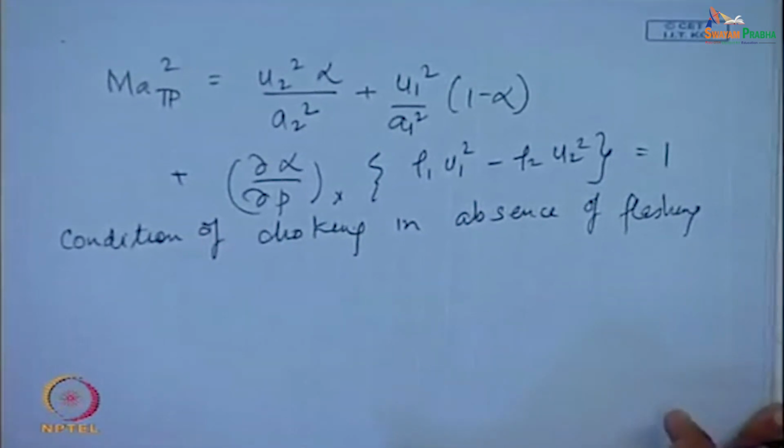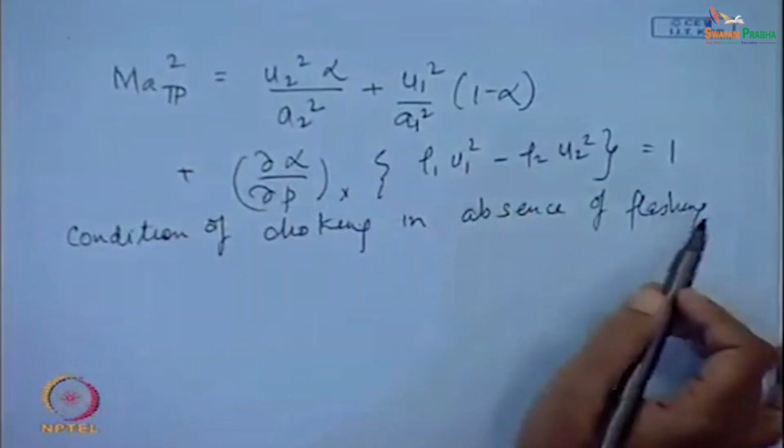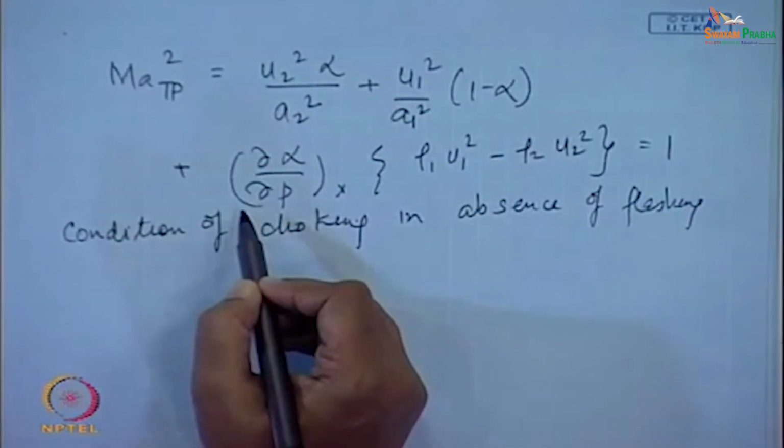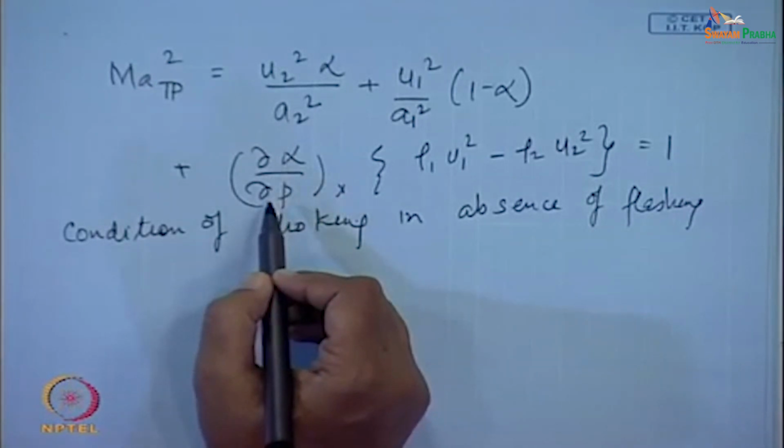The other thing which I would like to tell you is that in this particular expression we will have something like del alpha del p at constant x. That means, when the quality is constant, how alpha varies with pressure.